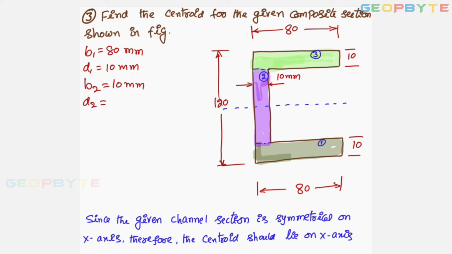Depth for section 2: the whole thing is given 120, 120 minus 10 minus 10, it is equal to 100 mm. Similarly, B3 equal to B1, 80 mm, and D3 equal to 10 mm.